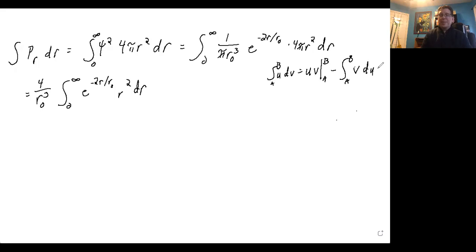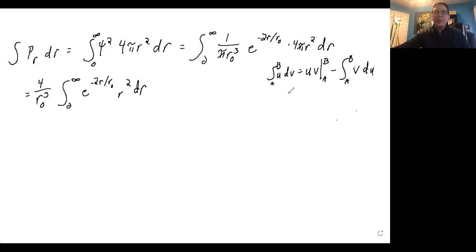So we need to set up u and we need to set up v. We want to set it up so that u gets simpler, in case we need to do this again a second time, that next time u is simpler.